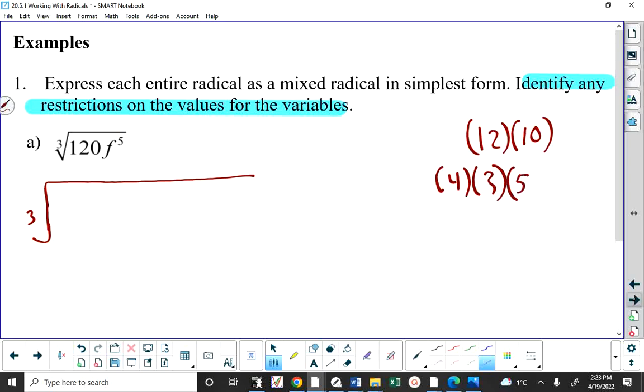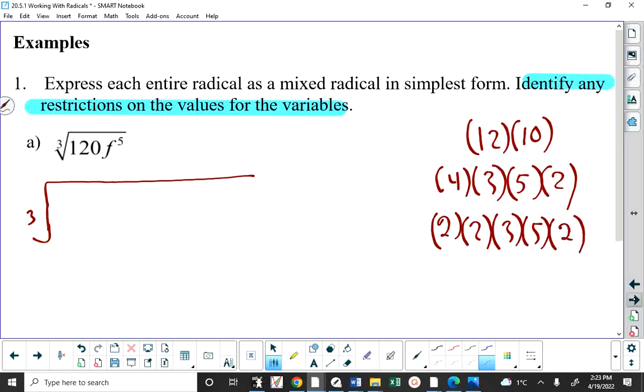10 is 5 times 2. Before anybody asks, the order that you write these in makes absolutely no difference. And then the 4 is a 2 times a 2. So we have 2 times 2 times 3 times 5 times 2. And if you're like me, and I'm sure some of you don't want to be like me, you should multiply these out to double check to see that you've done it right.